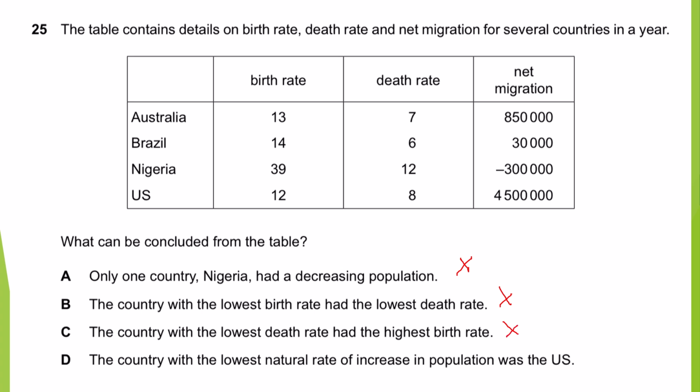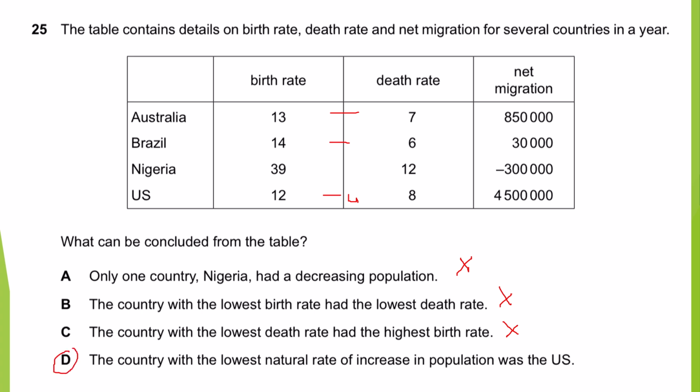No. D: The country with the lowest natural rate of increase in population was the US. So natural rate of increase in population, the birth rate is 12 and death rate is 8, so that is 4. This difference is obviously more than 4, this difference is again more than 4, and this difference is again more than 4. Yes, this would be the answer.